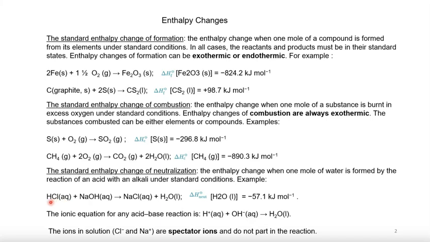For example, here we get H+, Cl-, Na+, OH-. So here also Na+ and here OH-. So we get chloride ion and sodium ion as spectator ions. They do not take part in the reaction. Therefore, we write the neutralization reaction like this. Okay, next slide.